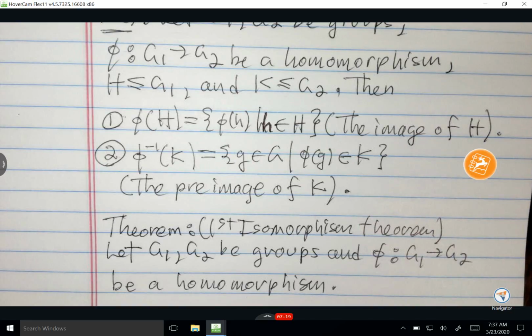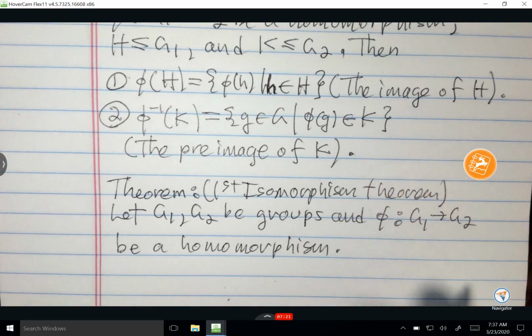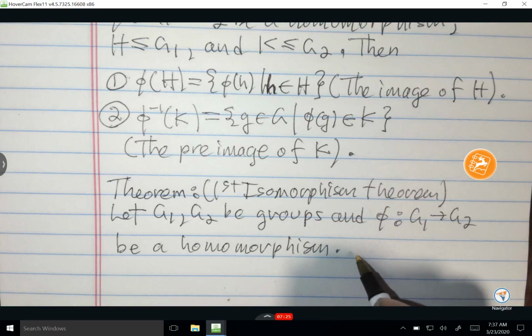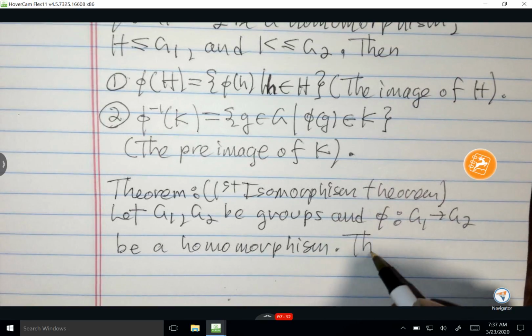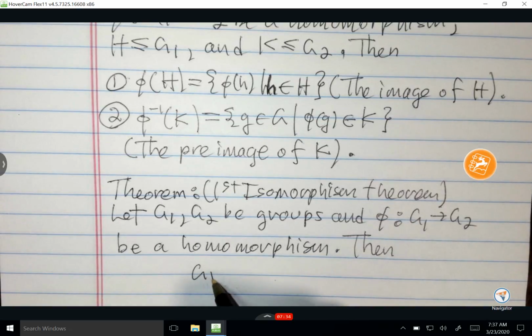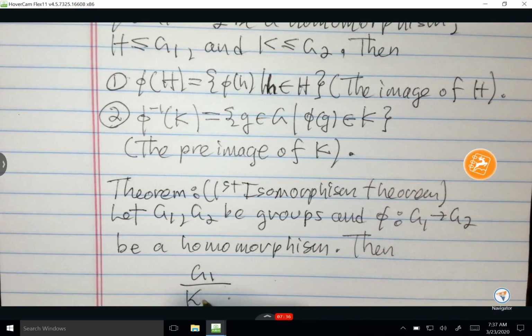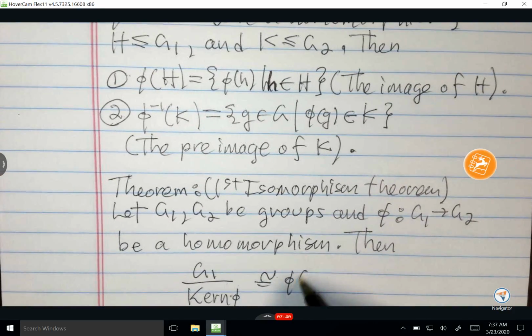Can't ask for less than that. Then instantly we can say two groups are isomorphic. Which two? A quotient of the first group is isomorphic to its image that lives in the second group. In other words, G1 mod the kernel of phi is isomorphic to the image of G1.